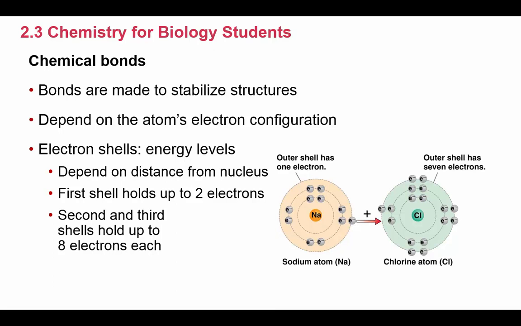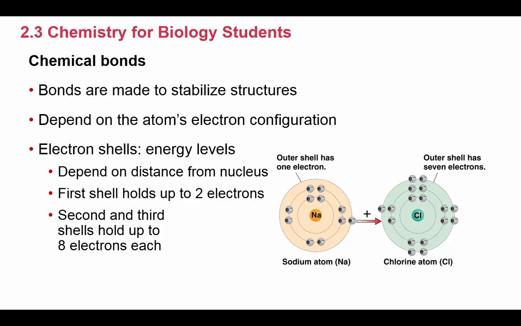The first shell holds up to 2 electrons. If you have more than 2, you've got to go to the second shell. The second shell can hold, and the third and all the subsequent ones can hold up to 8 electrons.